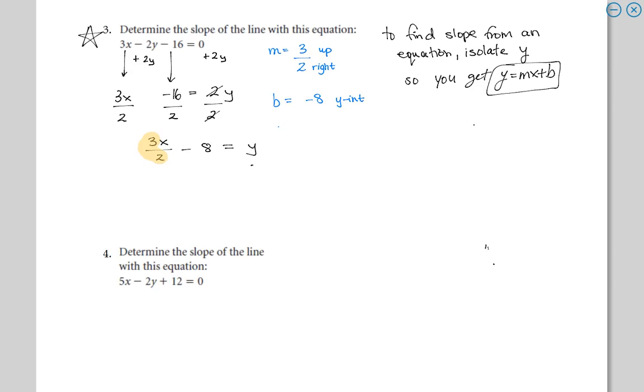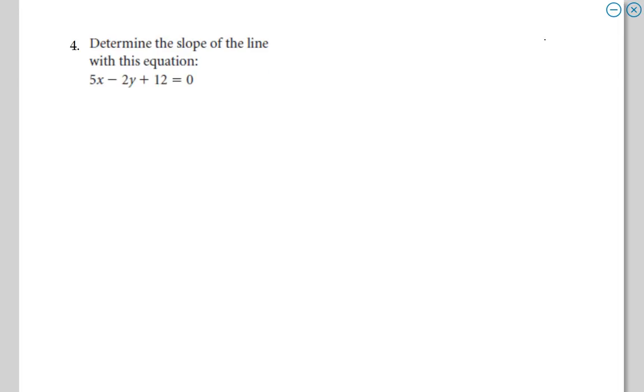Okay, let's do the one underneath, and then you guys are good to go. Send the 5x and the 12, or just send the 2y? What do I divide by? So 5 halves x plus 6.